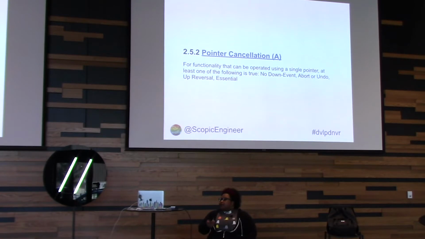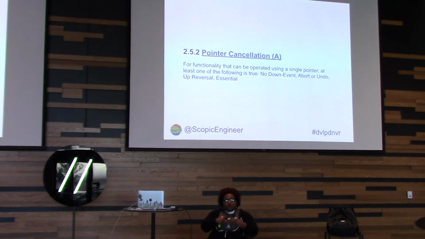Pointer cancellation. For functionality that can be operated using a single pointer, at least one of the following is true: no down event, abort or undo, up reversal, or essential. This is really about buttons, and I think we have all come across this.